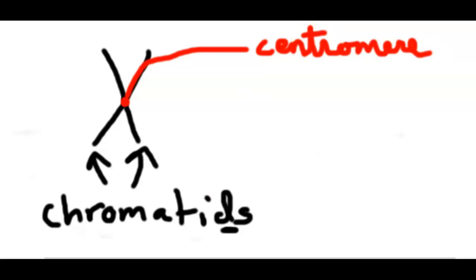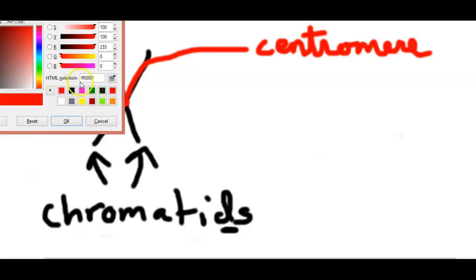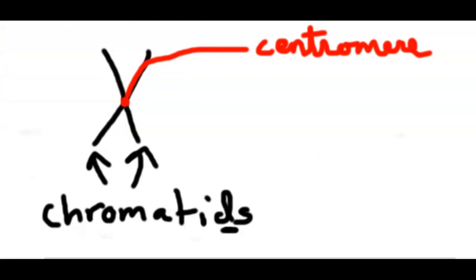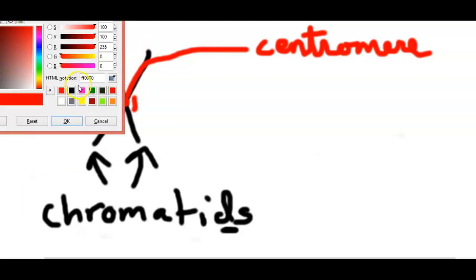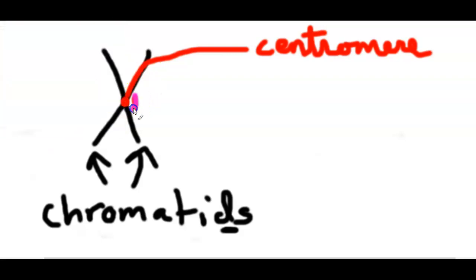And we have one more term that we've used in the past. Let's use that color. That color has these little handles. Anybody remember what those little handles are called? Kinetochores.